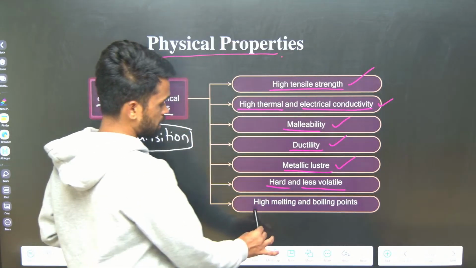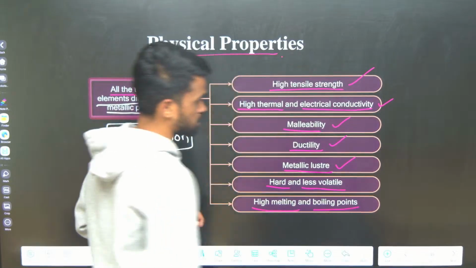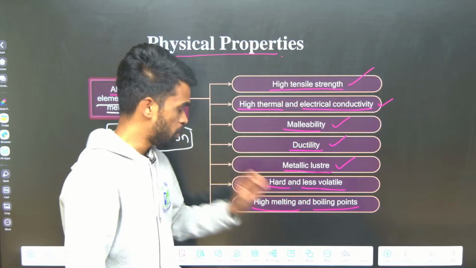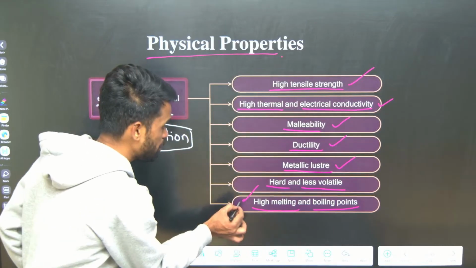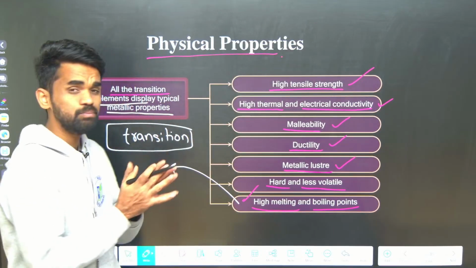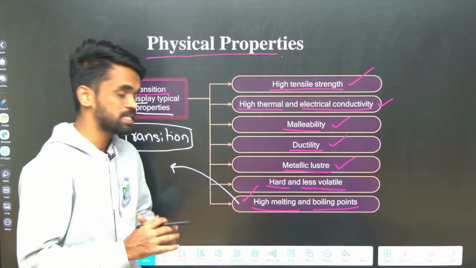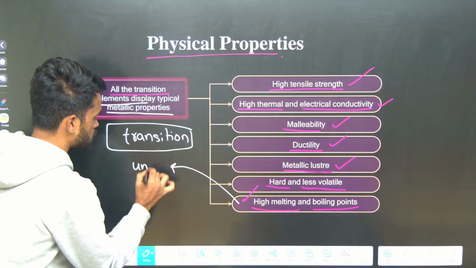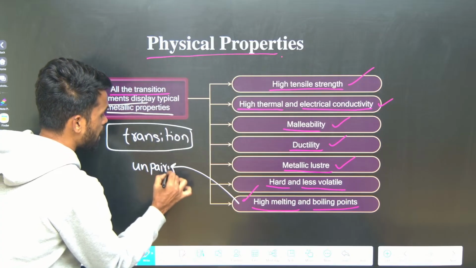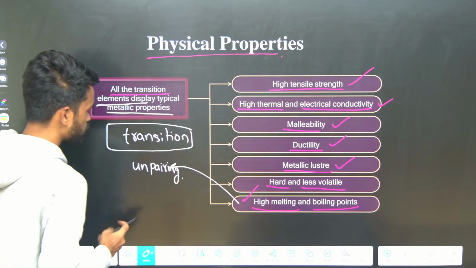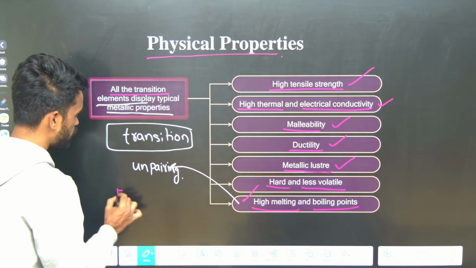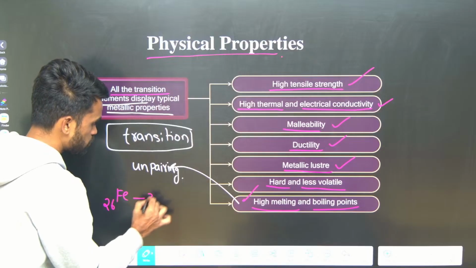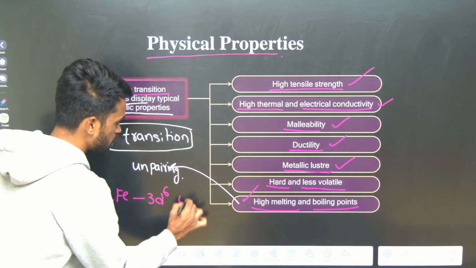Next, they show high melting and boiling points because these are metals which are non-volatile. Now, what is the reason for their high melting and boiling points? Especially for melting points, it is due to the presence of a high number of unpaired electrons. If I write for iron, atomic number 26, the electronic configuration is 3d6 4s2.